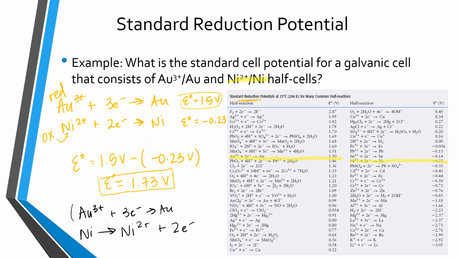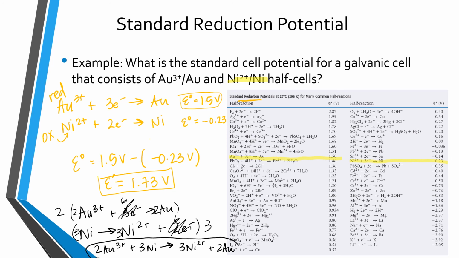Now I got to multiply the top through by 2 and the bottom reaction by 3 in order to make both of the electrons equal to 6. So then those electrons will cancel, and I'm left with 2 Au3+ plus 3 nickel yields 3 nickel 2+ plus 2 Au. So there's my overall balanced reaction.